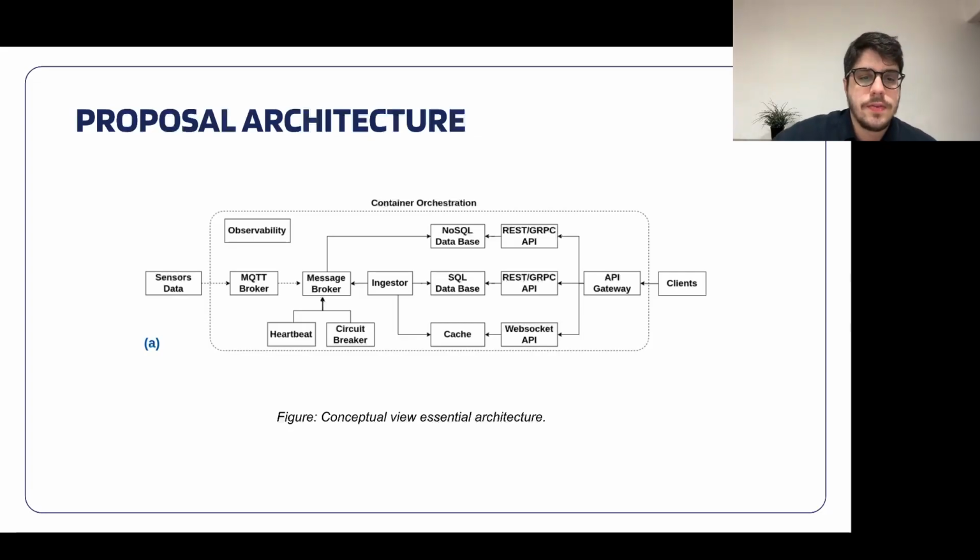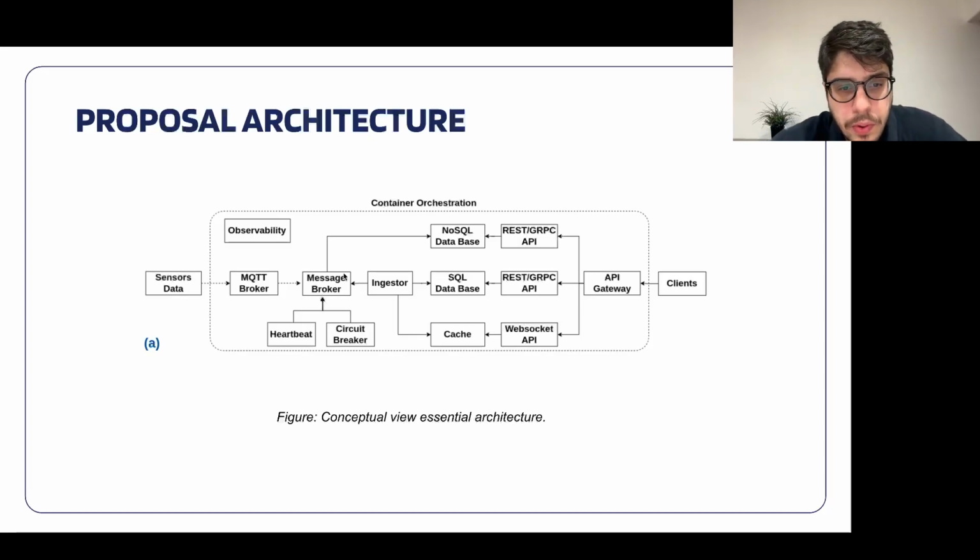So the first node of our system is an MQTT broker. Pretty much the responsibility of this node is translating the sensor information using the MQTT protocol to a different protocol. In this case, we are using a message broker here.